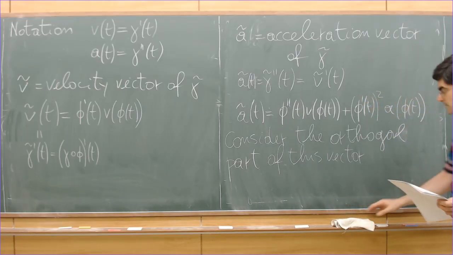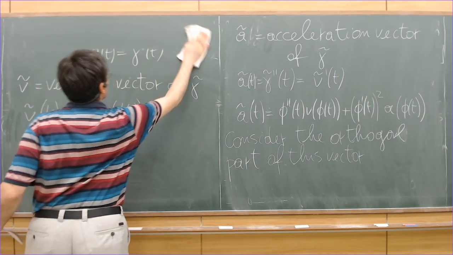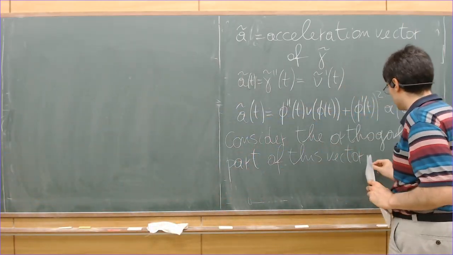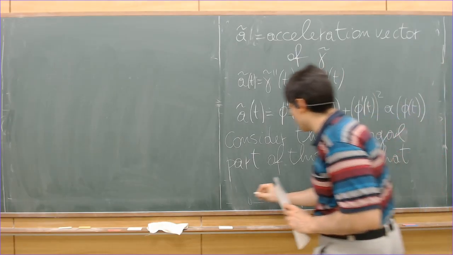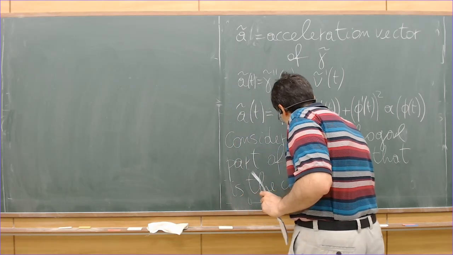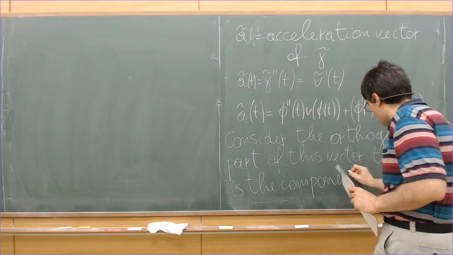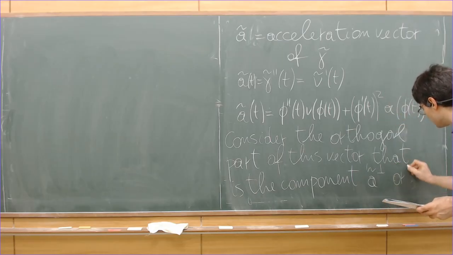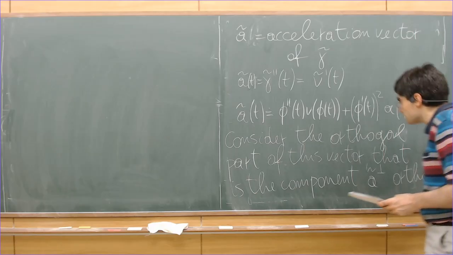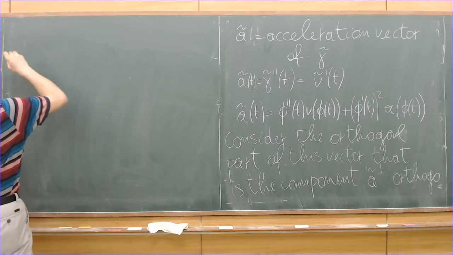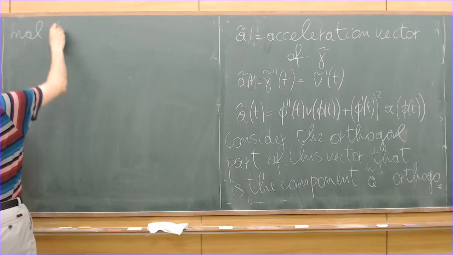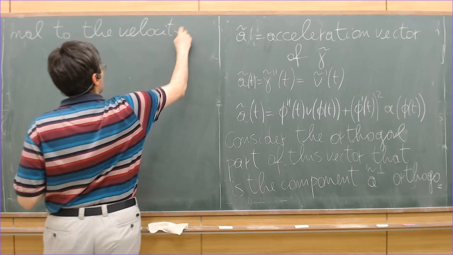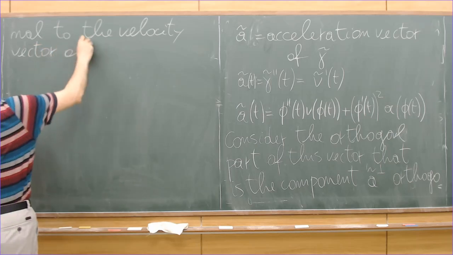Precisely, we will consider the component of this vector which is orthogonal to the velocity, that is the component A tilde orthogonal to the velocity vector of gamma.